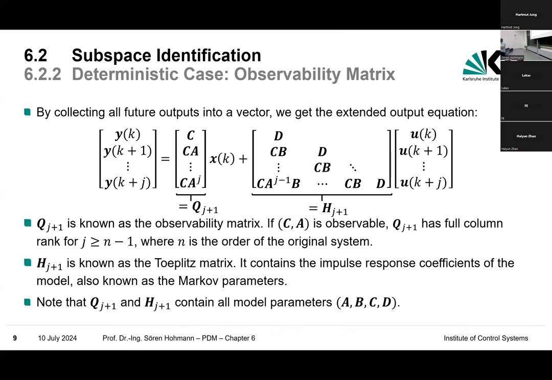So our first attempt is to get Q in a sufficiently good way. So first step, calculation of Q. And the question is, how do we get Q out of data?